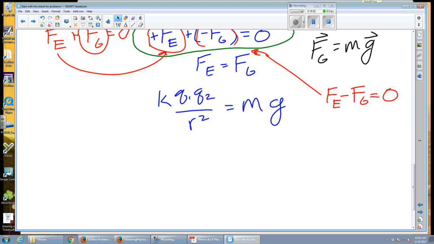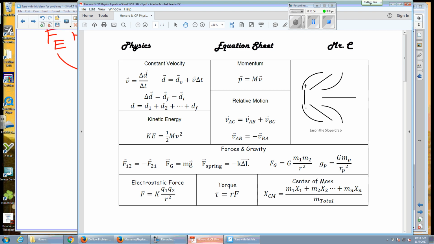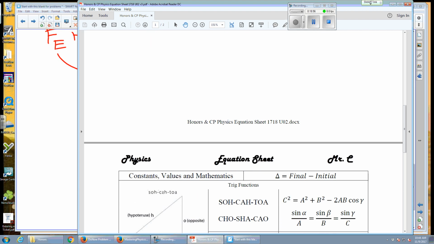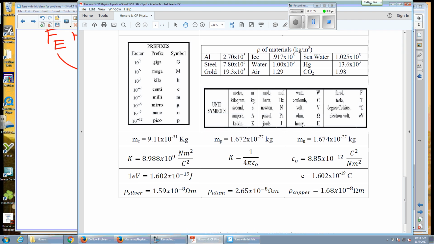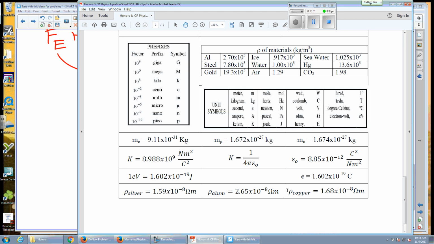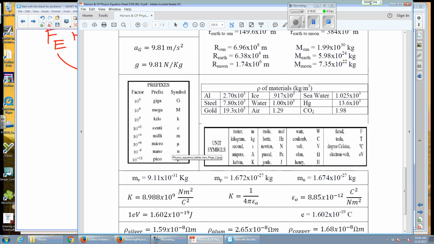Yep, little g. I think that's on the most helpful sheet in the world, our equation sheet. Oh, look, there's the mass of an electron, and there's the gravitational field strength. They also have big G. It was nice of them.